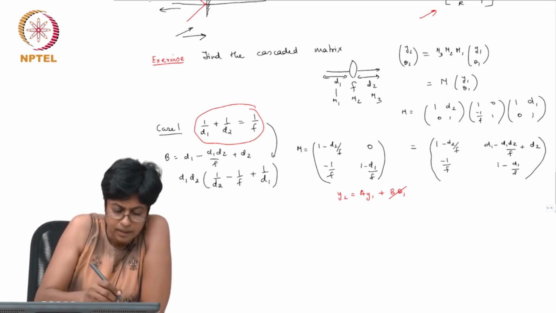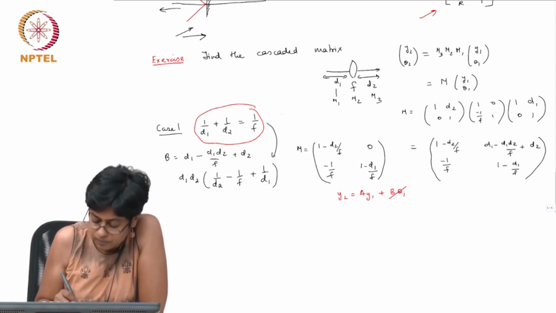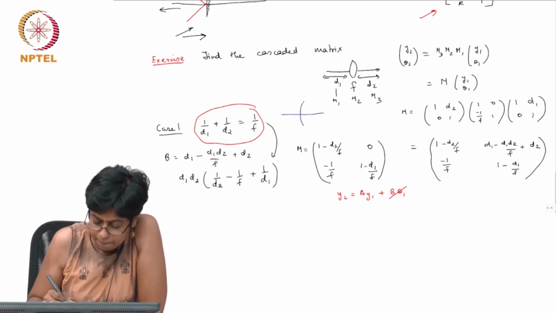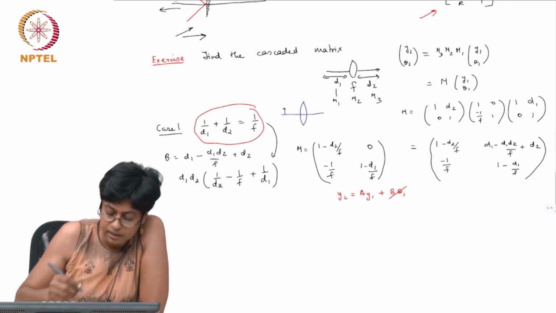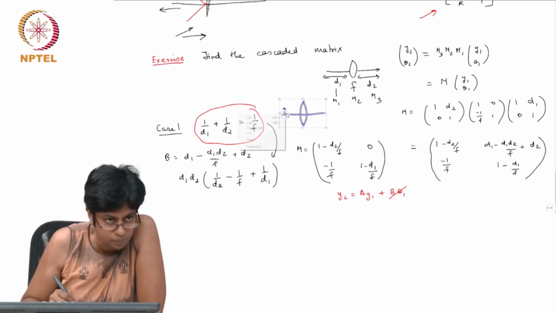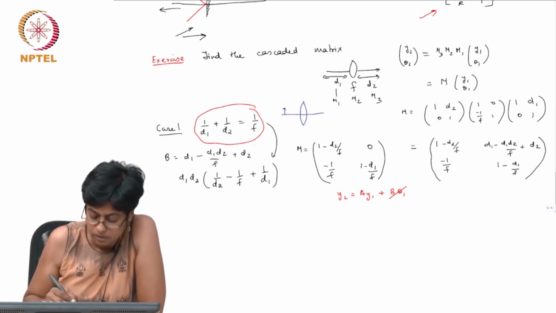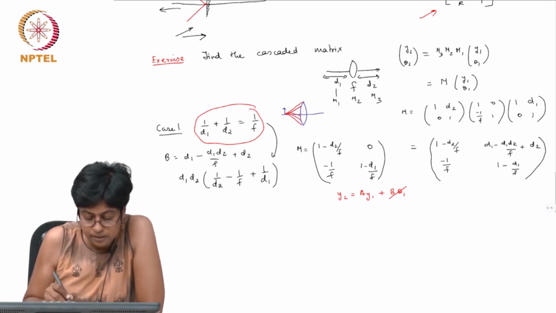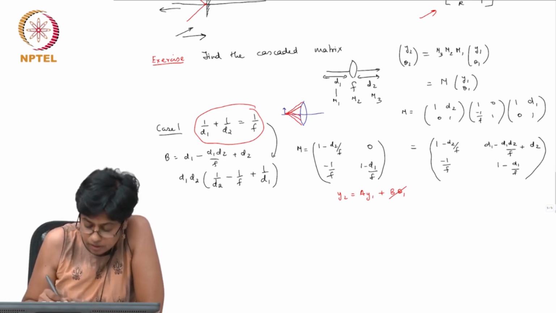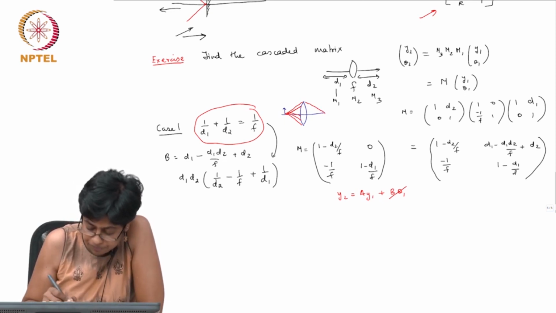Let's say I had my optical axis, a lens, and an object, and I am tracing rays from the axial point, and I am looking at the point where imaging is happening.